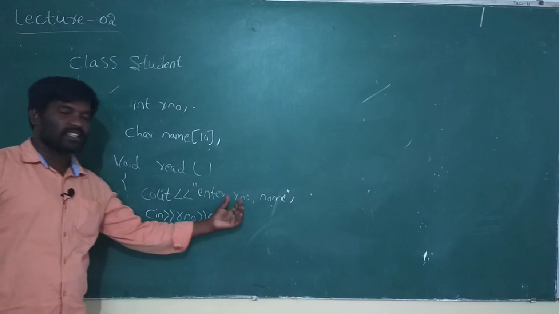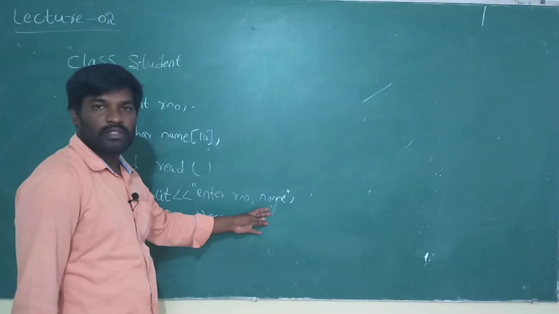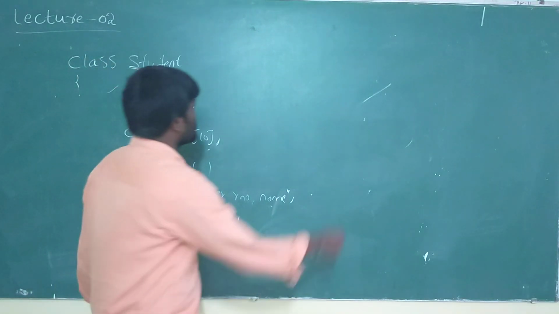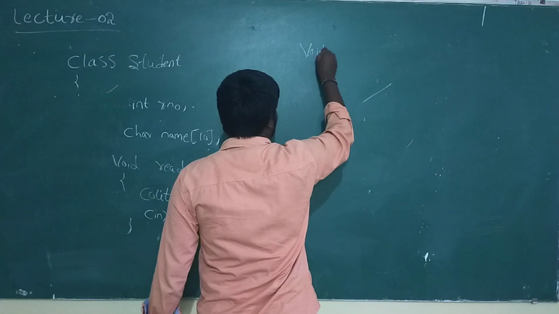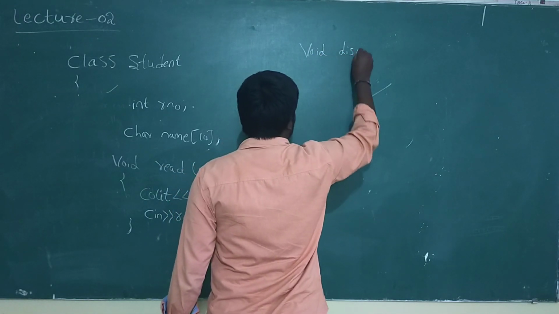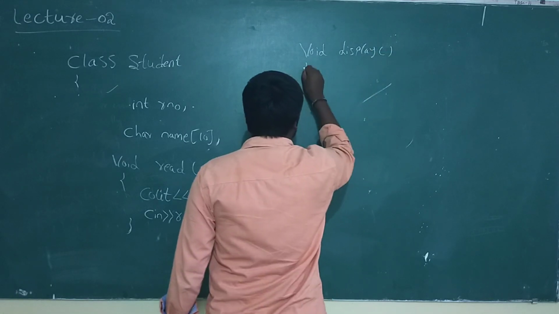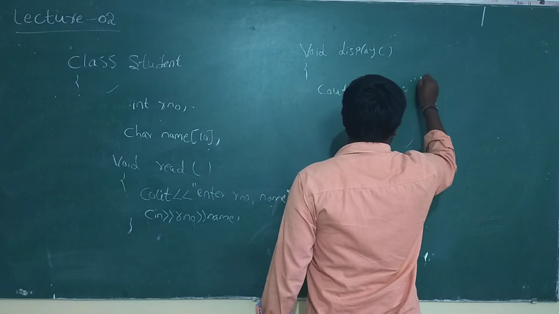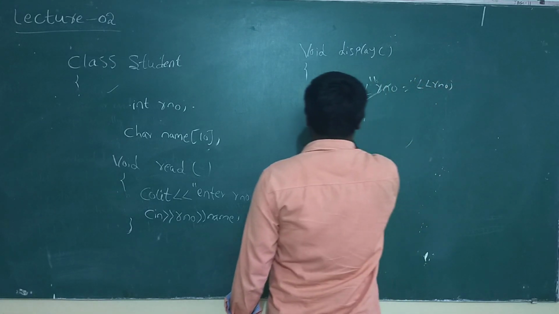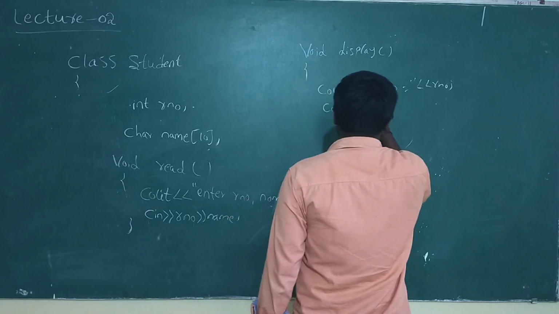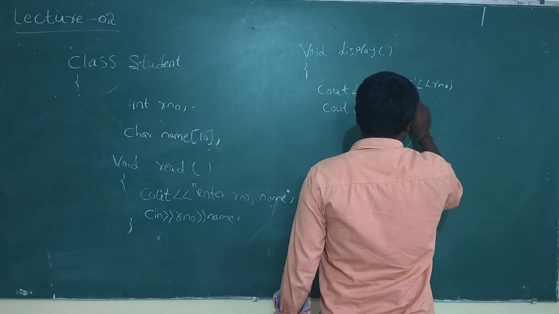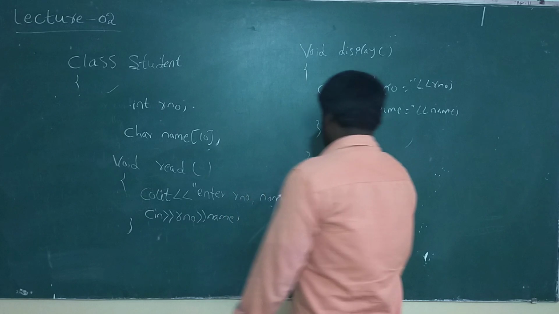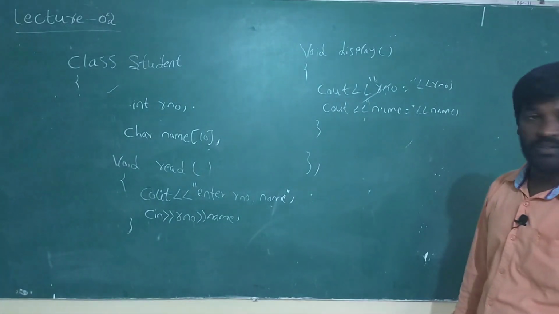In the read function I can enter the roll number and name. So this is the input statement. With the help of this you can enter the roll number and name. Next I can display the roll number and name. cout roll number is equal to roll number, name is equal to name. So this is the definition of the class.